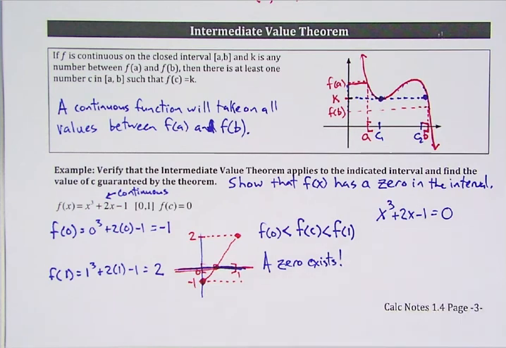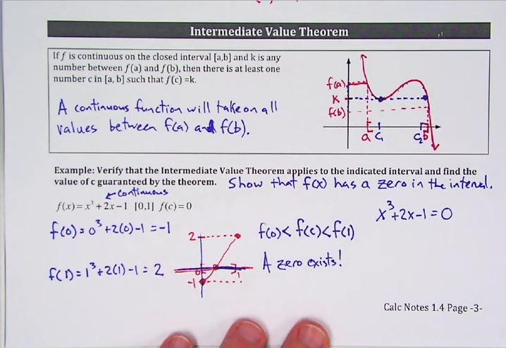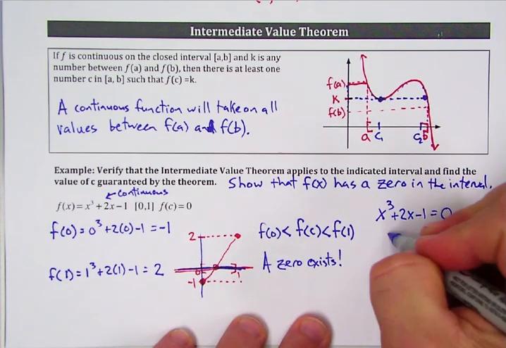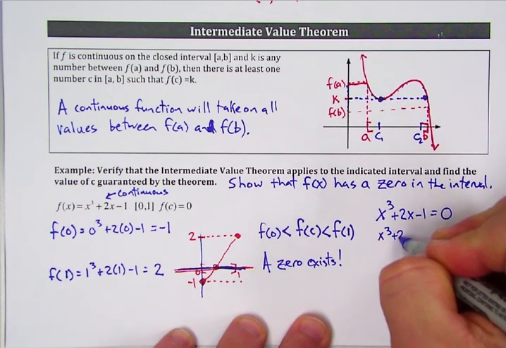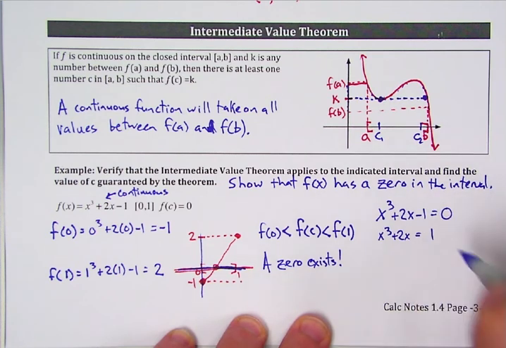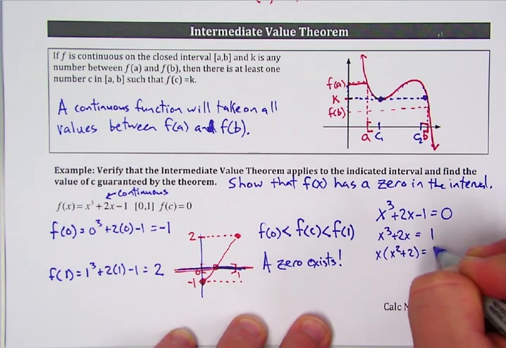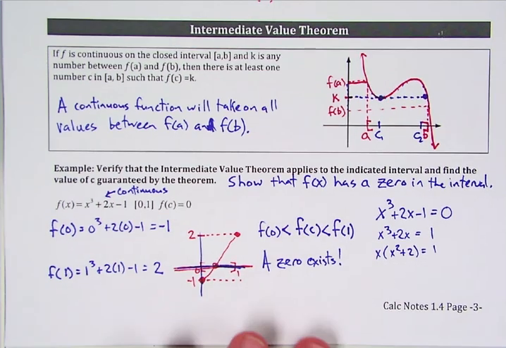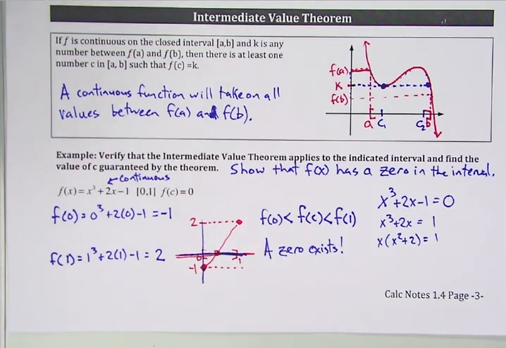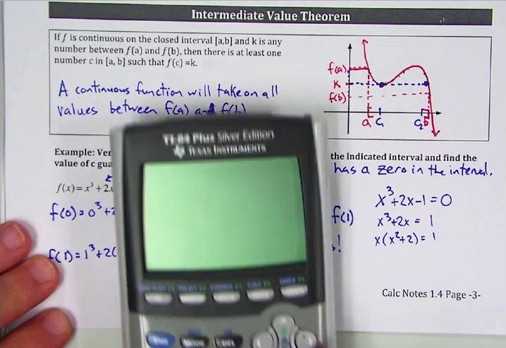Now this is a cubic, and it's not going to be so easy, because even if we factor this, even if we add the 1, we get something like this. All right, we really have no methods for solving this. So since it's asking us to find it, we can use our calculator to find that 0. Okay, so go ahead and take out your calculators.